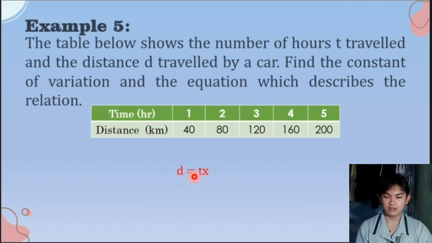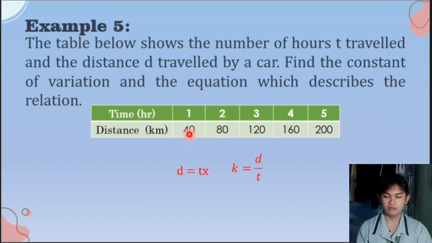To get the constant of the variation and the equation for this table, since we have distance is equal to kt, this will be our equation, and this will be our formula for getting the constant of variation. So k is equal to d over t, since d is on the left side of the equation. We can choose any of these values for distance.